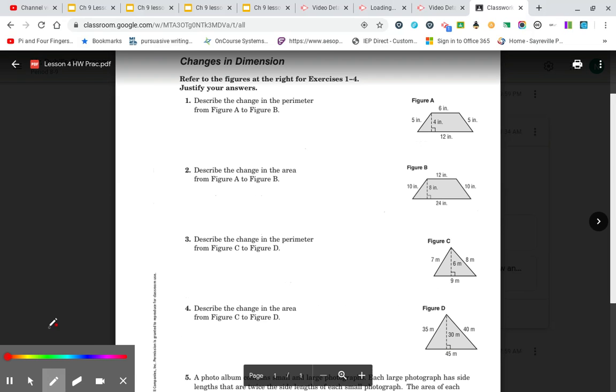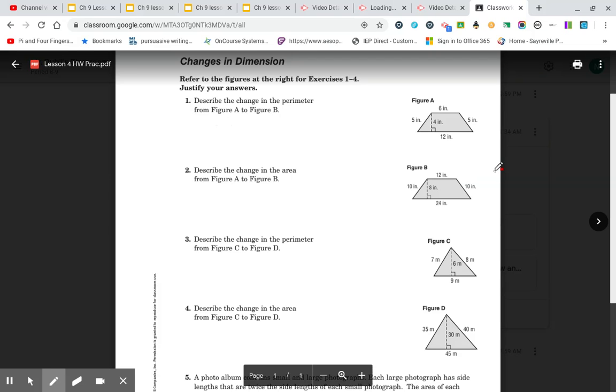So let's do number 1. Describe the change in perimeter from A to B. Okay. So A, 5 to 10, 6 to 12, right?